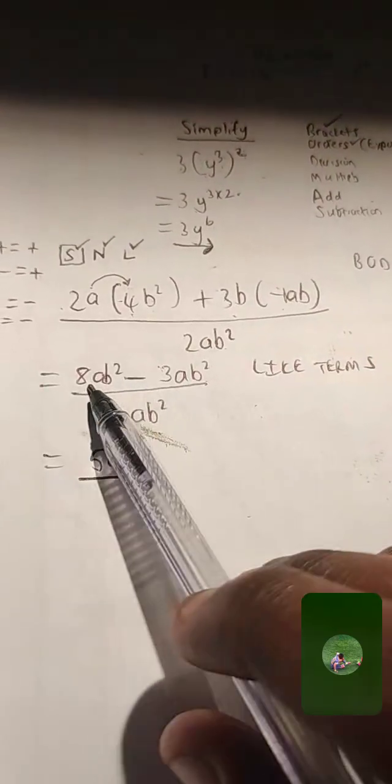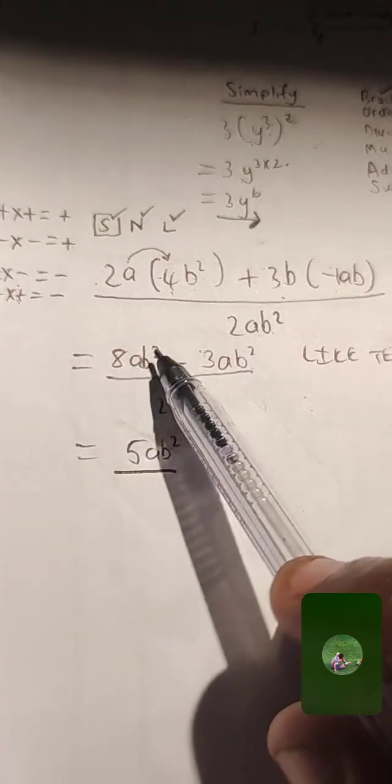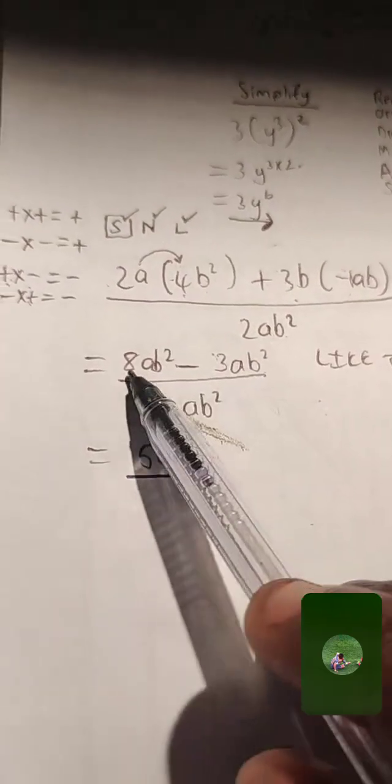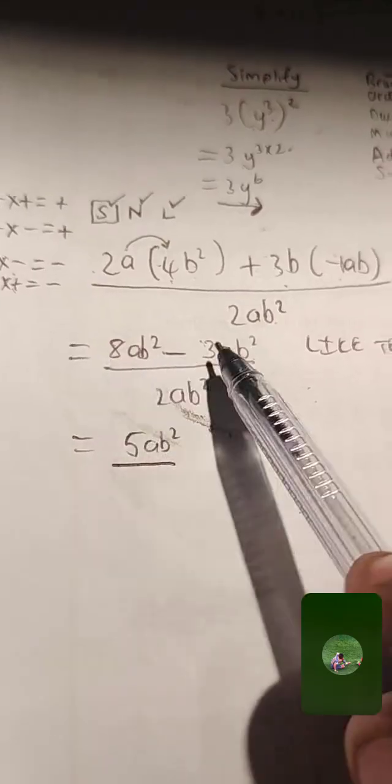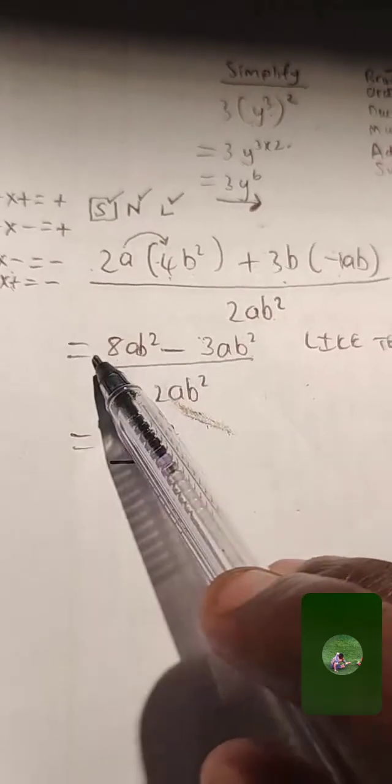So you can see that those are like terms, and we can add and subtract like terms. When we subtract them, we keep the letters ab squared as they are, then we subtract the coefficients. 8 minus 3, we get 5ab squared over 2ab squared.